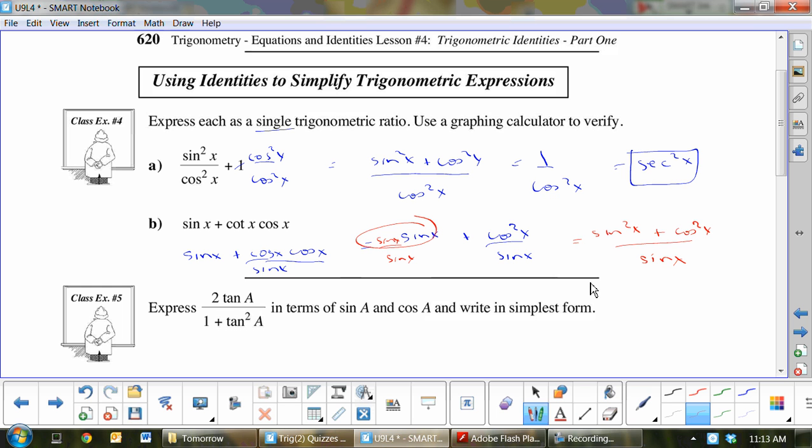They have to be the same. What is sine squared x plus cos squared x? 1 over sine x, which equals cosecant x. But you've seen twice already where sine squared x plus cos squared x equals 1. So even now you should start knowing that one.